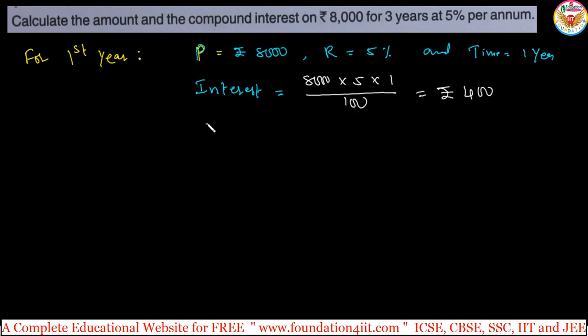Now the amount is principal plus interest, P plus I. So principal is 8,000 plus the interest we got at the end of the 1 year, 400. So the total amount is 8,400. So 8,400 is the amount at the end of the first year.